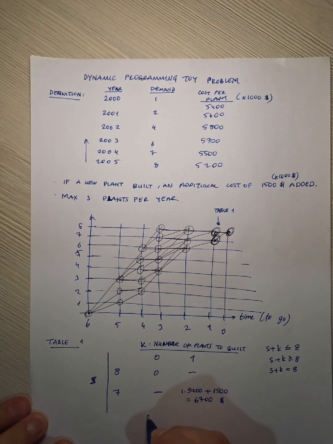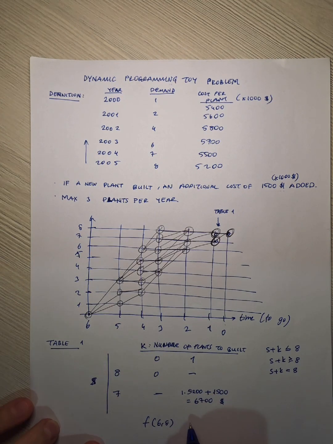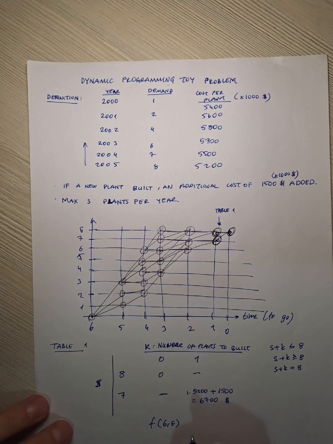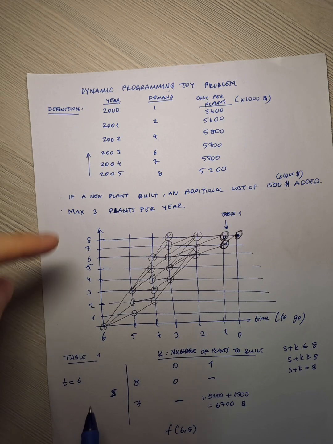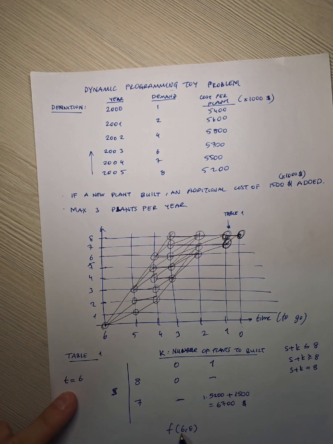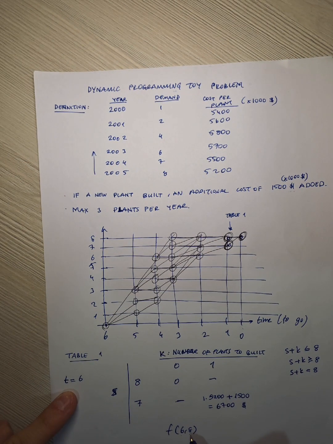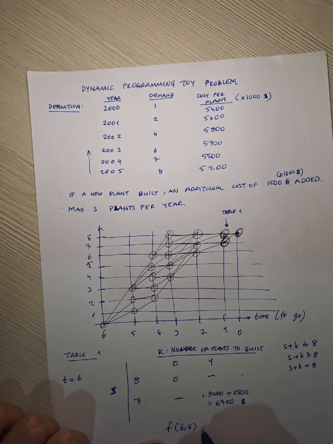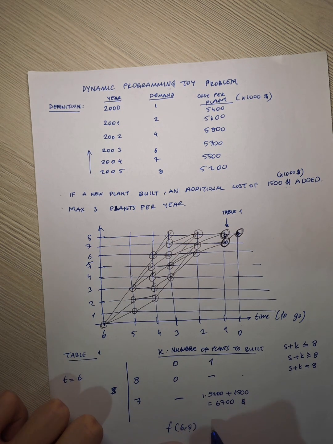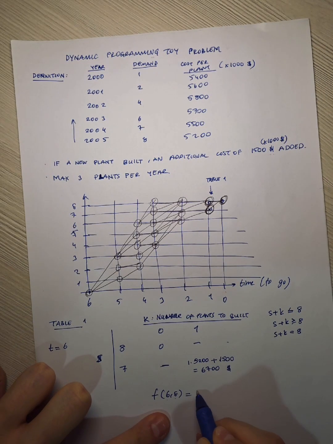Perfect. So if you write our returns 6, 8, so this is time 6, we start from the bottom, and if you look at this case, if we had 8 already from previous state, the cost is 0.